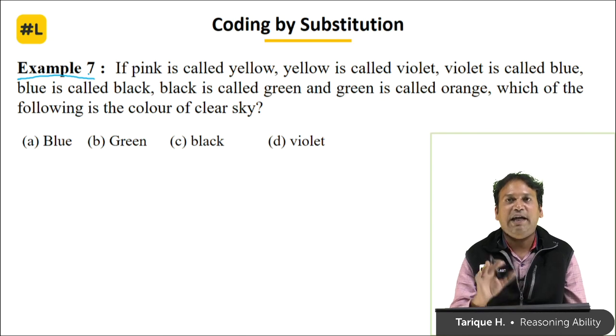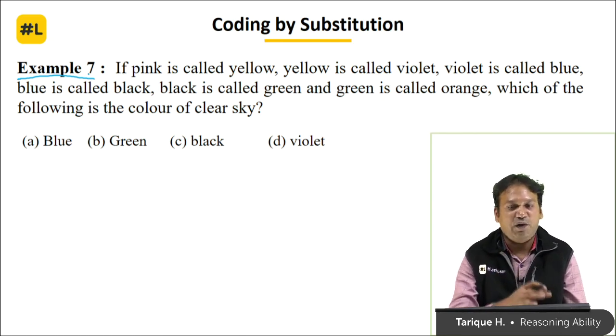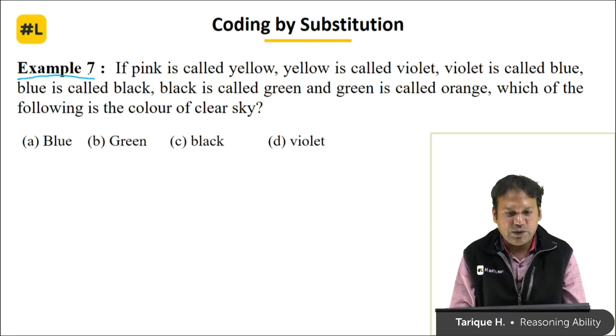This is a different type of substitution where we are directly substituting one word for the another. A very simple question. Normally you find more of these questions in the clerical part of the examination, but since we are covering all concepts from substitution, we will see this also, how to solve this question.